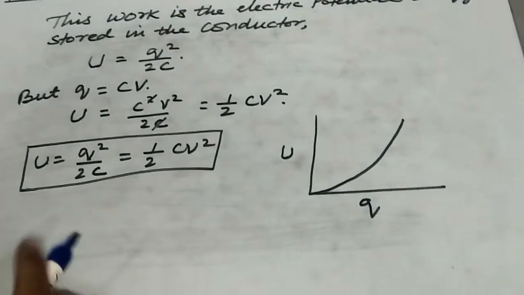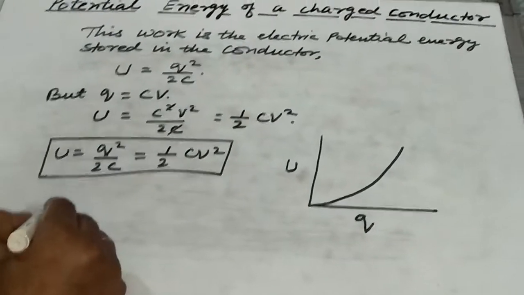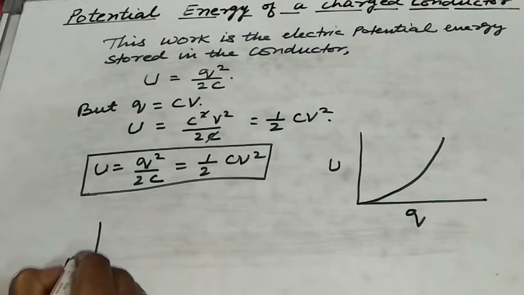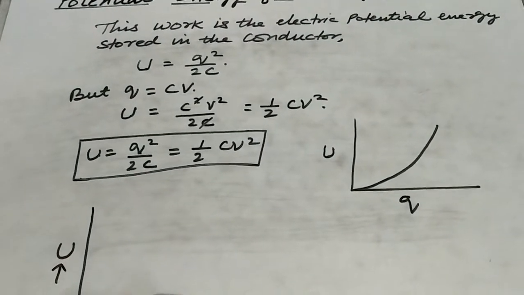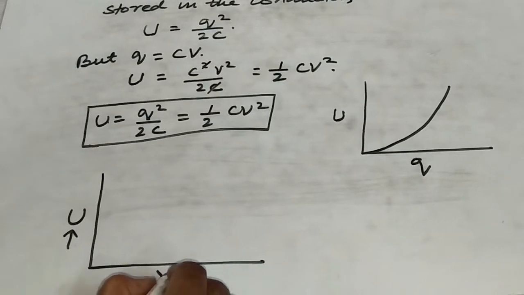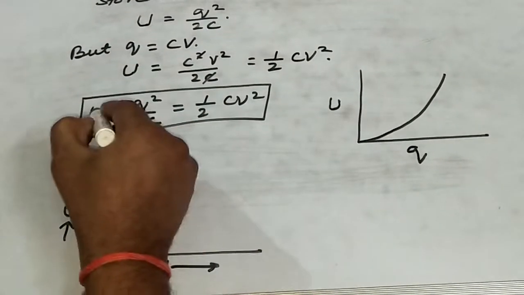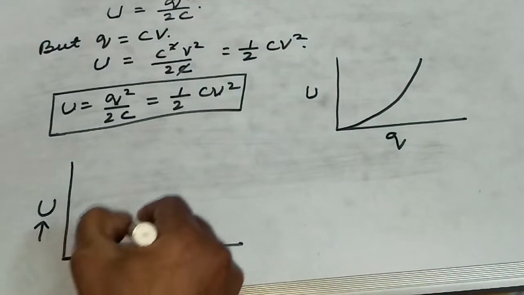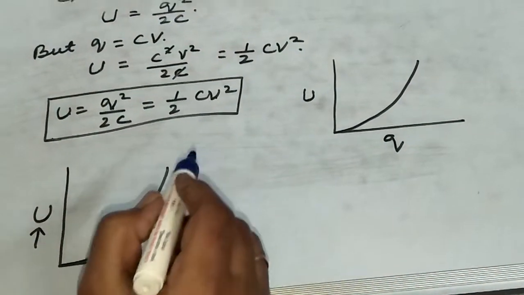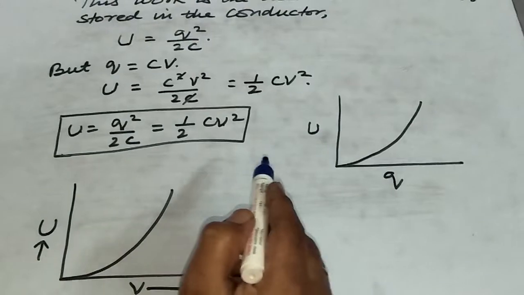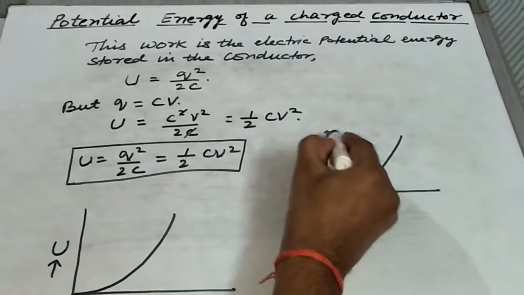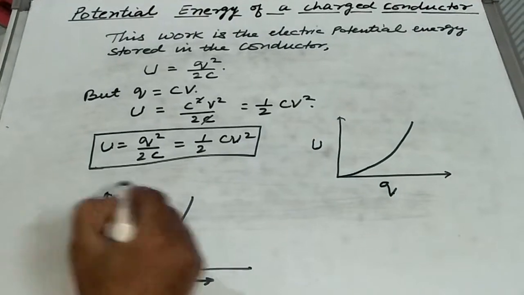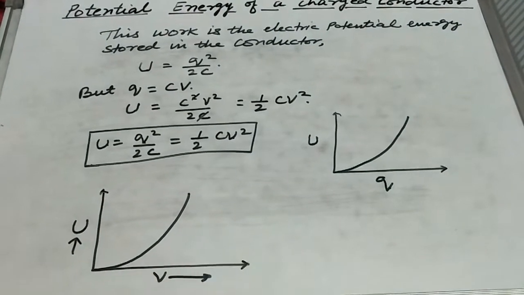And when you draw a graph between electric potential energy U and potential V, here U is also proportional to V square, so its nature also comes like this. In this way you can draw the graph between electric potential energy and charge Q, or electric potential energy and potential V.